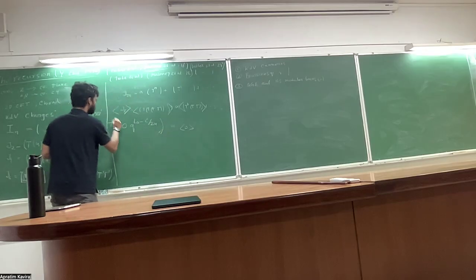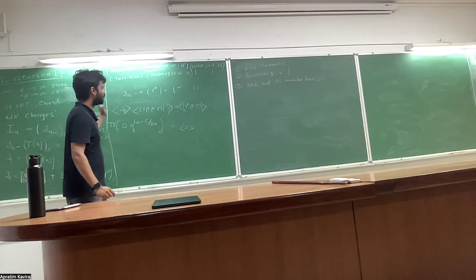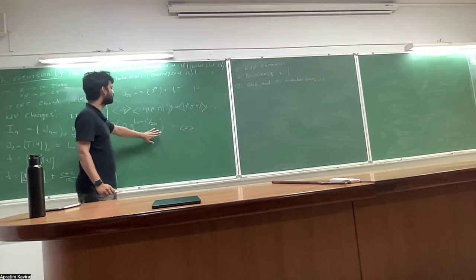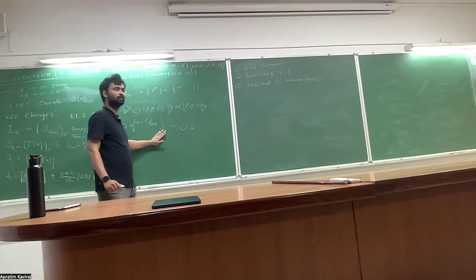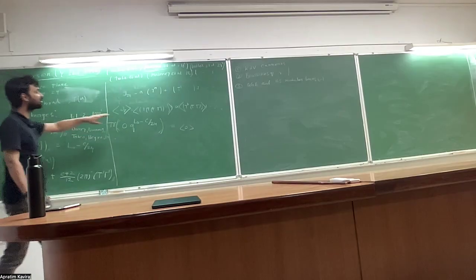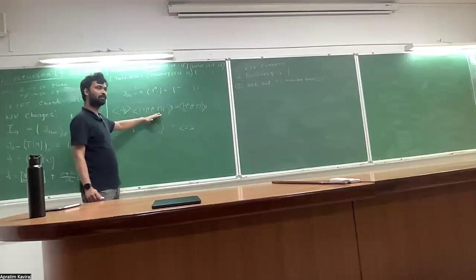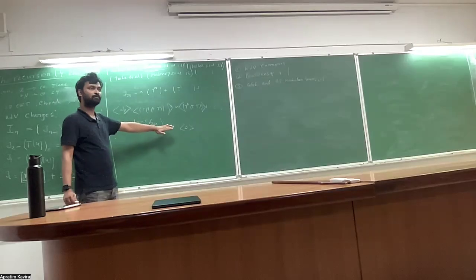Since we have only the energy momentum tensor present, this will be some Virasoro model. And I will argue that using the Zamolodchikov recursion relation, you can compute these thermal correlators. Then you perform the normal ordering and you get some result.